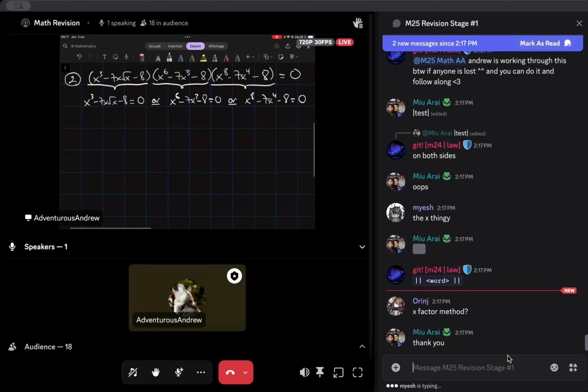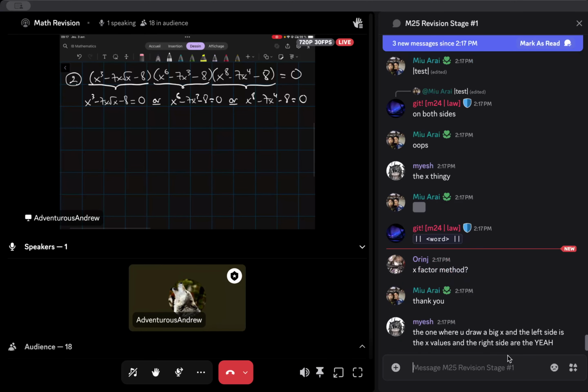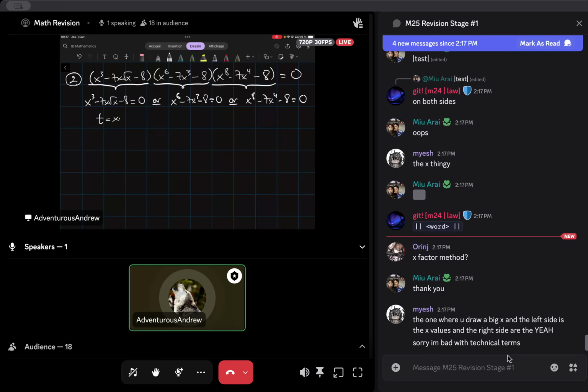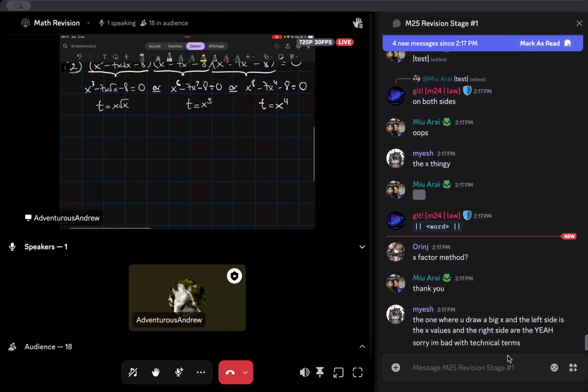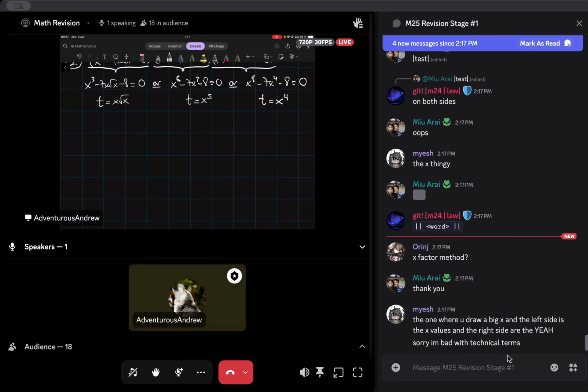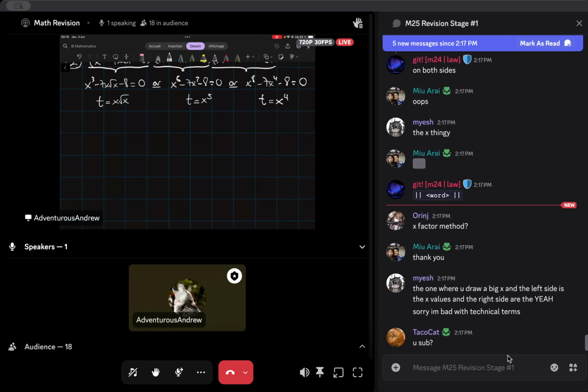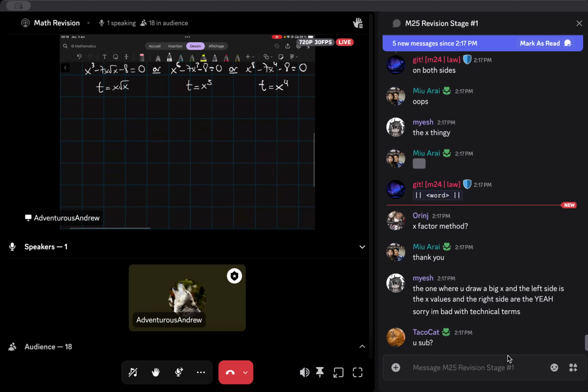Okay, yeah. So basically, all 3 of them are hidden quadratics. So you can choose to use a dummy variable in this case, just to convince yourself that these are all quadratics in disguise. However, you don't have to do that.